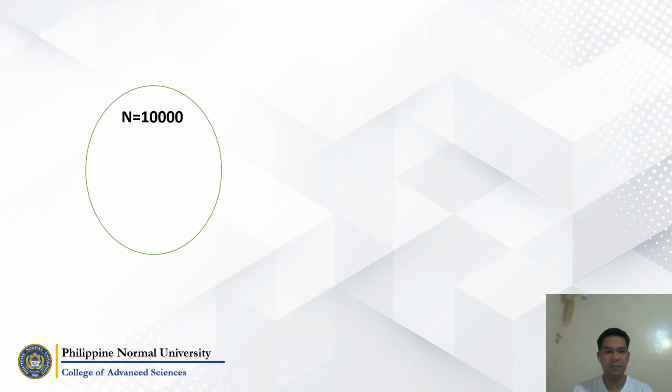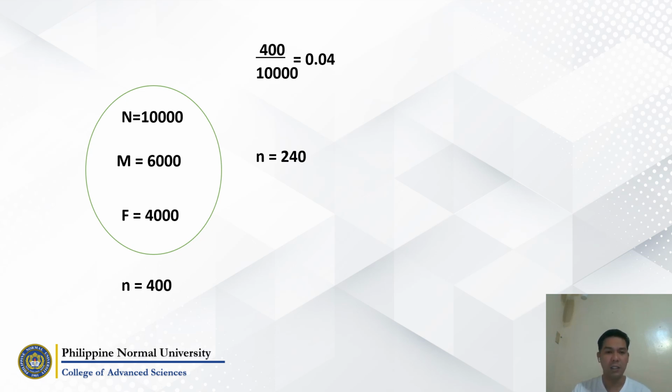So say, for example, you have here 10,000 participants, or the total population is 10,000, wherein the male is 6,000 and the female is 4,000. And our target sample here is 400. So we just divide 400 by 10,000, that will be equivalent to 0.04 or 4% of the total population.